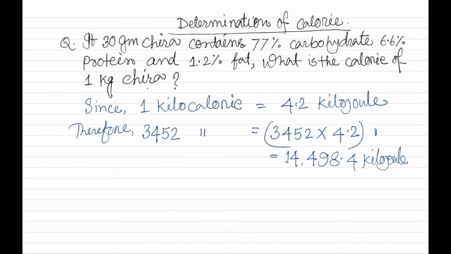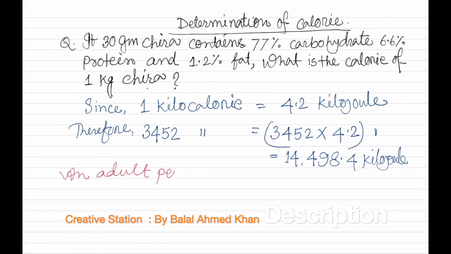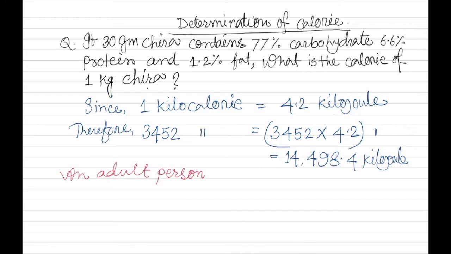Generally an adult person usually needs 2000 to 2500 calorie.